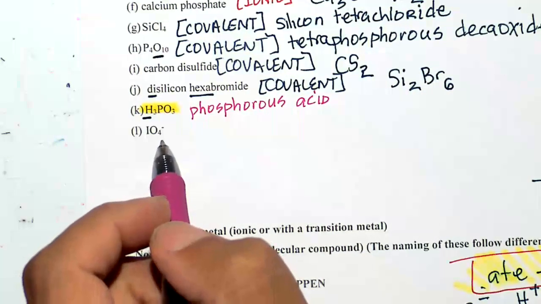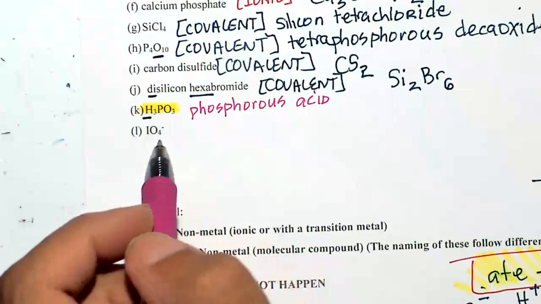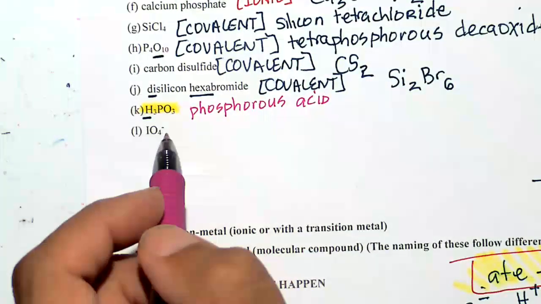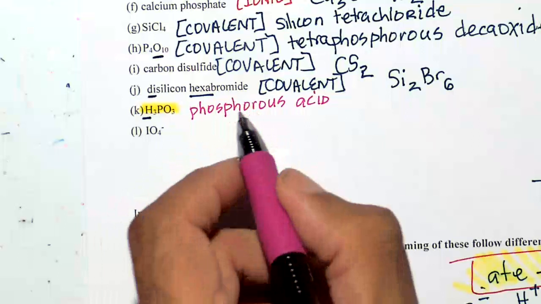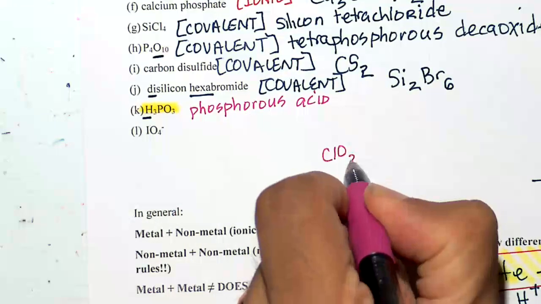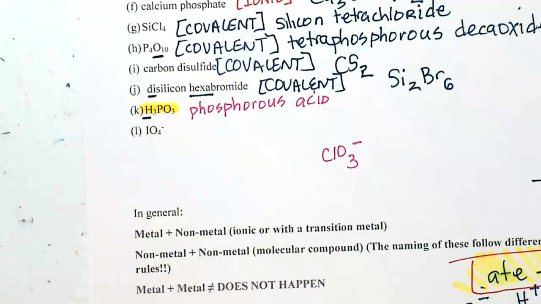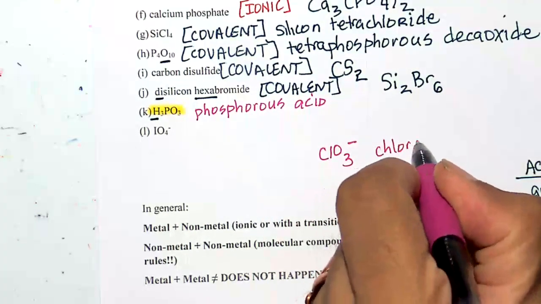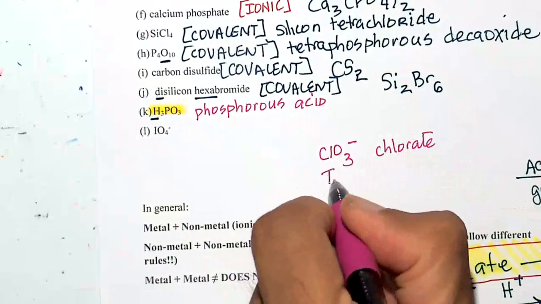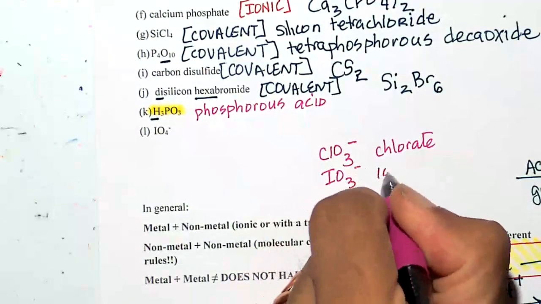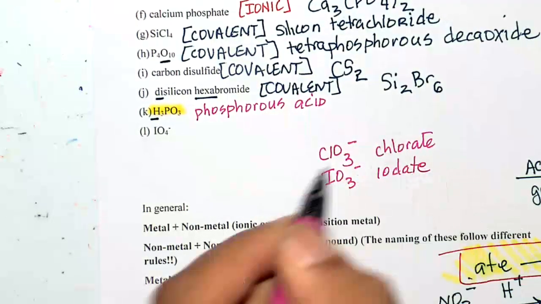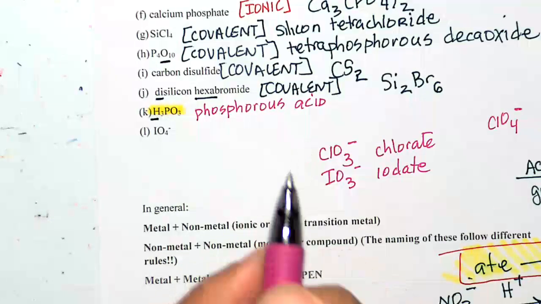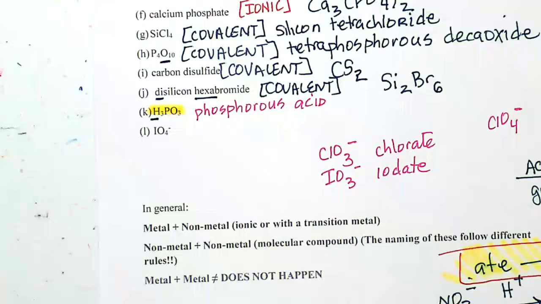Okay, what is IO4 minus? What do you guys think? What's the name of the ion? I think someone here in our class mentioned that ClO3 minus was chlorate. IO3 minus would be iodate. ClO4 minus, what would that be?